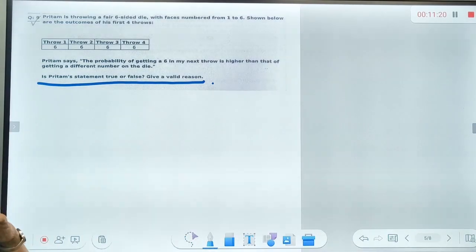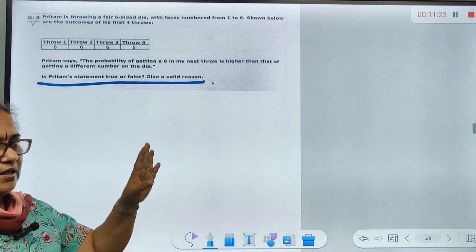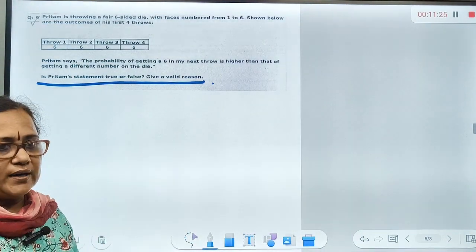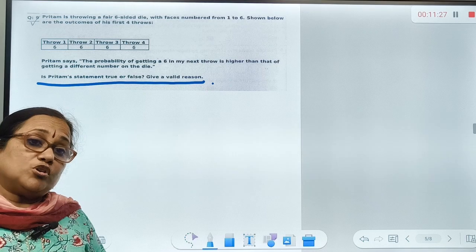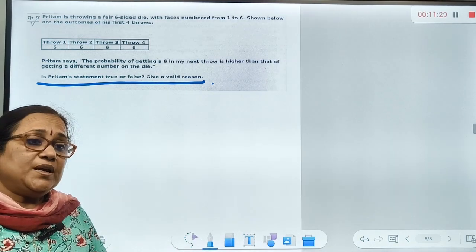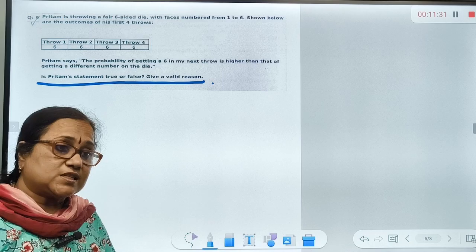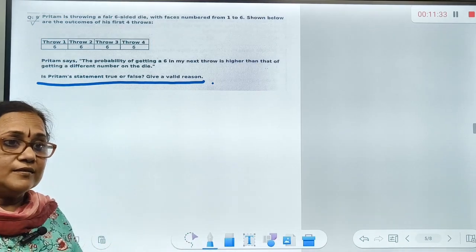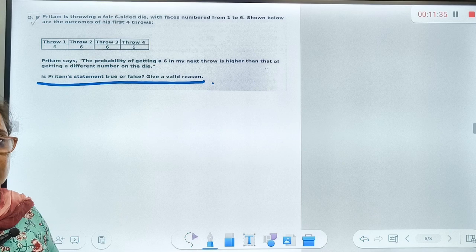So first four times he has got 6. Next time again he is going to throw a die. Because he got 4 sixes earlier, does it mean that the probability of getting 6 next time is higher? What do you think?